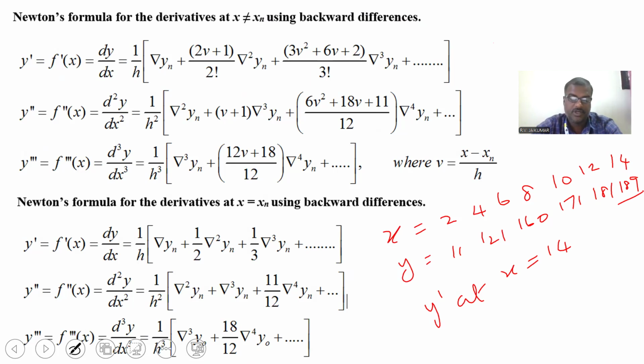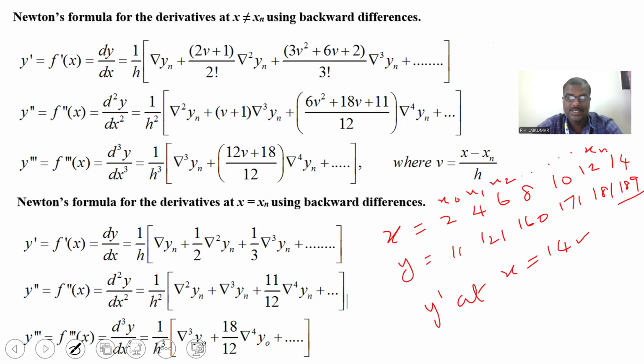See the difference. They are asking to identify the derivative value at x = 14. So the x value is 14, and this is xn. I told you already, the points start with x naught, x1, x2, and so on up to xn.